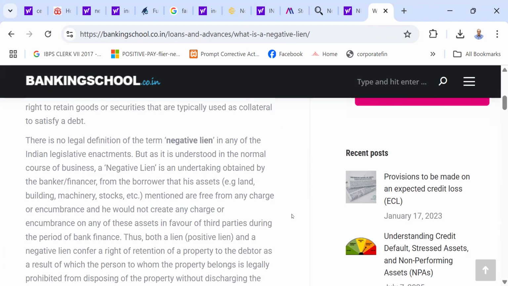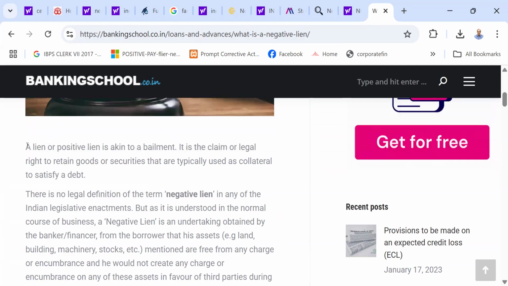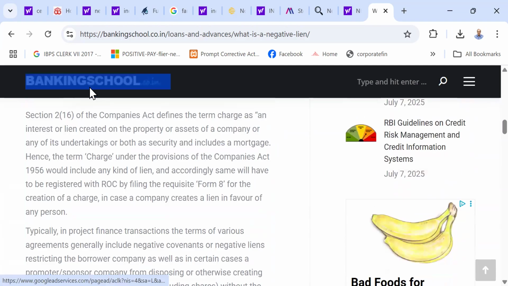But as it is understood in the normal course of business, negative lien is an undertaking obtained by the bank or financier from the borrower that his assets, land, building, and machinery are free from any charge or encumbrance, and he would not create charge or encumbrance on any of these assets in favor of third parties during the bank finance. This will do for us.